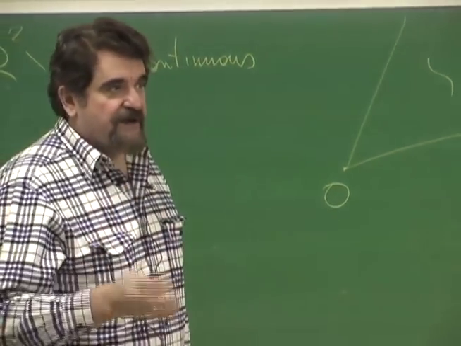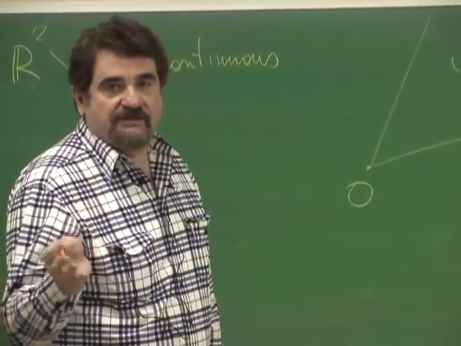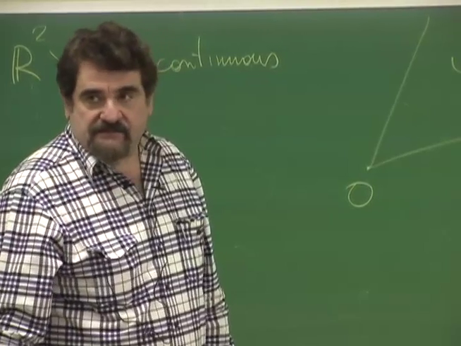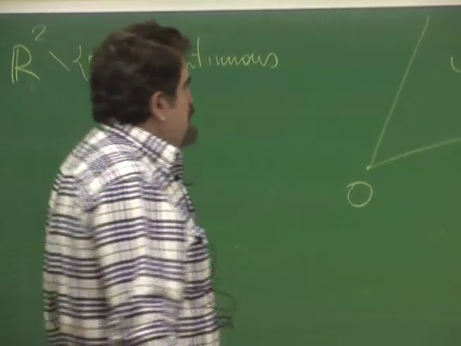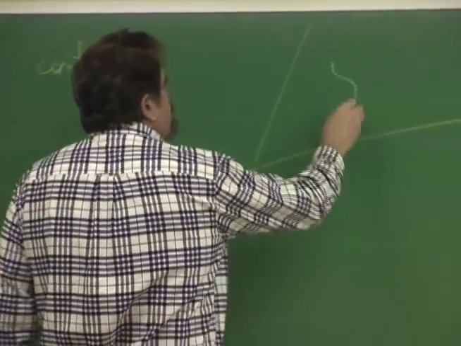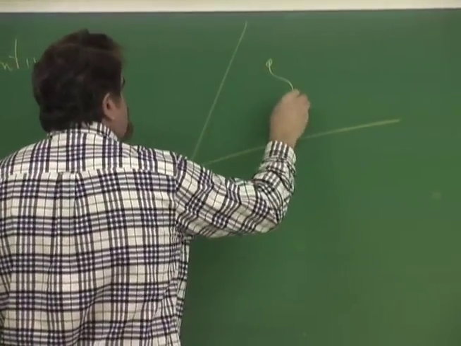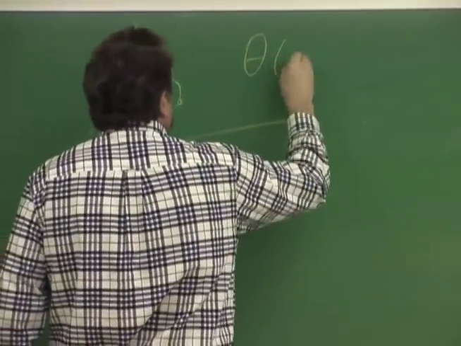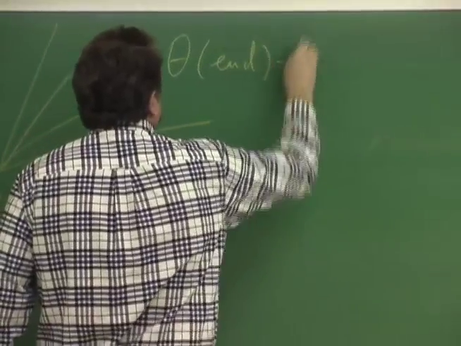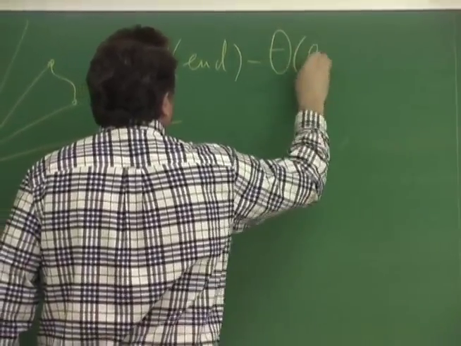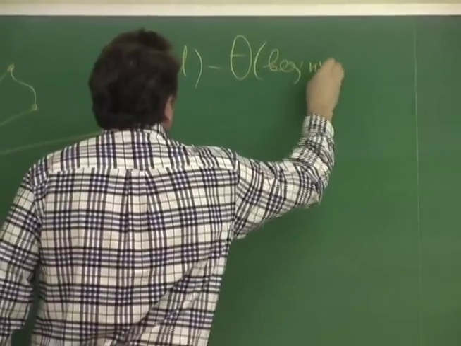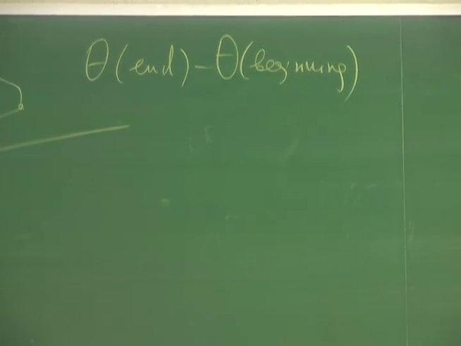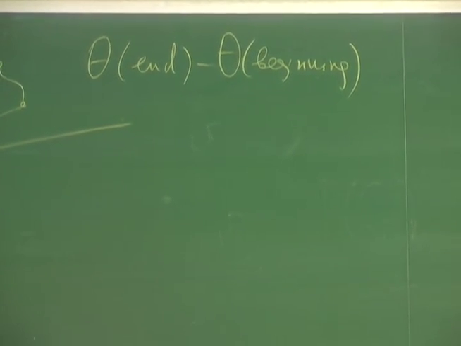It can be defined continuously, and we can choose, say, the leaf of the angle. Okay, and therefore, for such a curve, we can say what is theta of the end minus theta of the beginning. This is a well-defined notion.